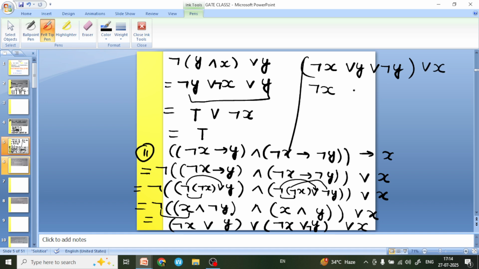Not x will finish. Now the remainder is x, or true. This will be equal to true. So the second statement is also proved true.